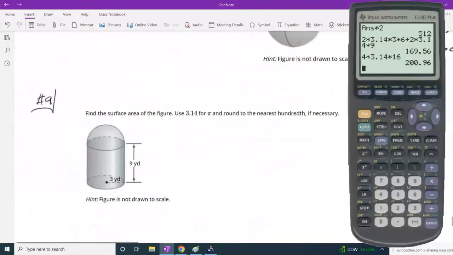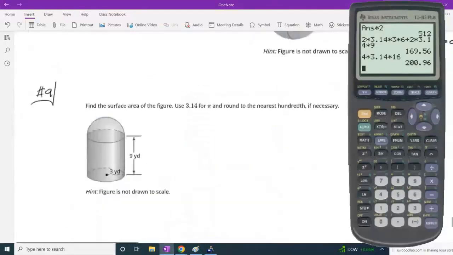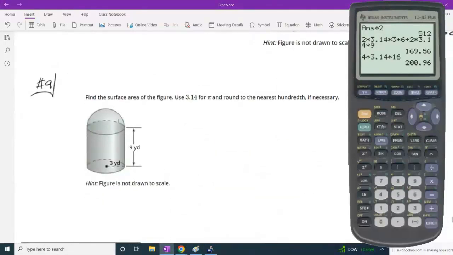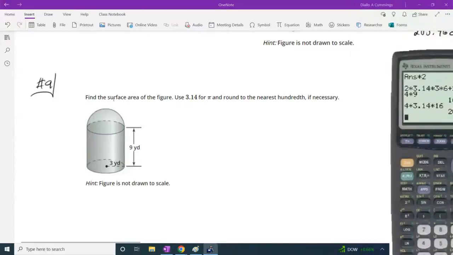Now the next two, number 9 and number 13. All right, these are more than just a little bit of plugging and chugging, okay? Number 9 says find the surface area of the figure. Use 3.14 for pi and round to the nearest hundredths if necessary.